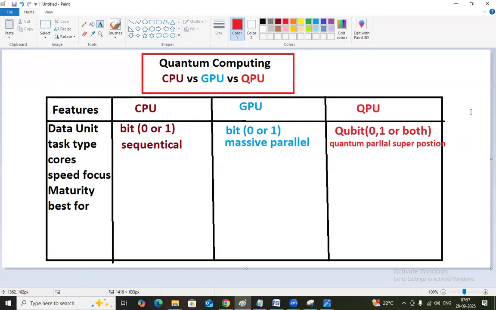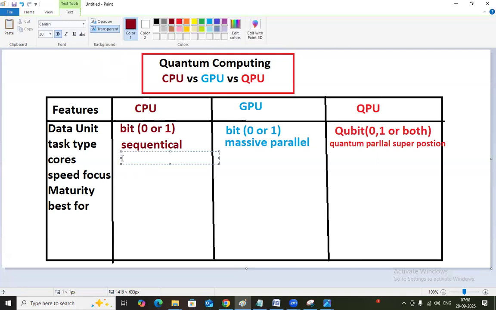Right. Now coming to the cores, how will the cores be? Basically, coming to the CPU, how many cores are going to be working? Only a few cores. It means 2 to 64, something like that.